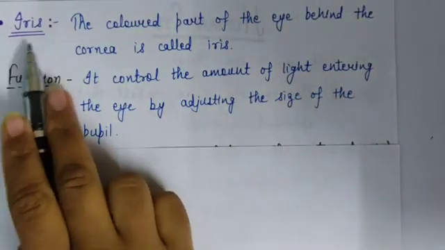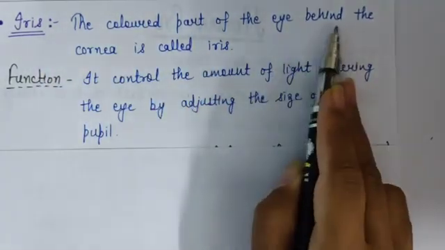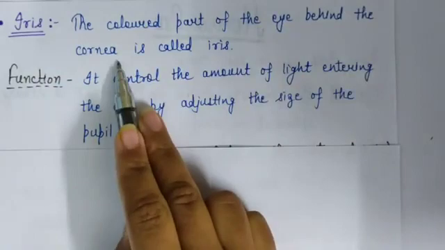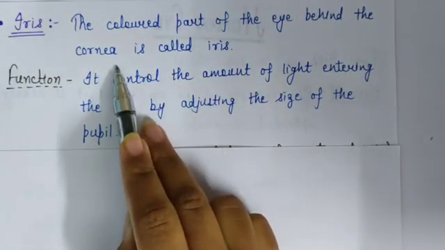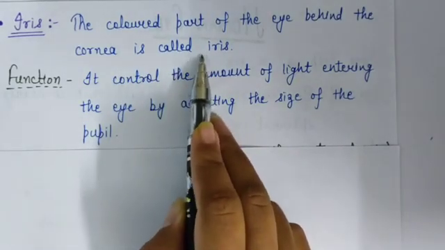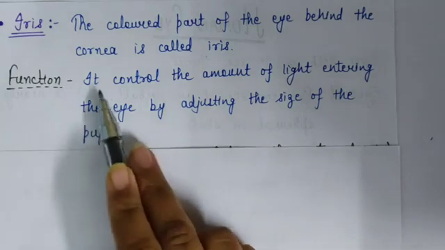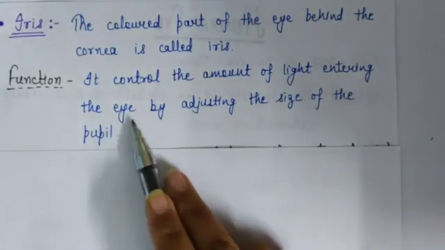Next part is iris. This is the colored part of the eye behind the cornea, and it is called iris. Now the function of iris is it controls the amount of light entering the eye.